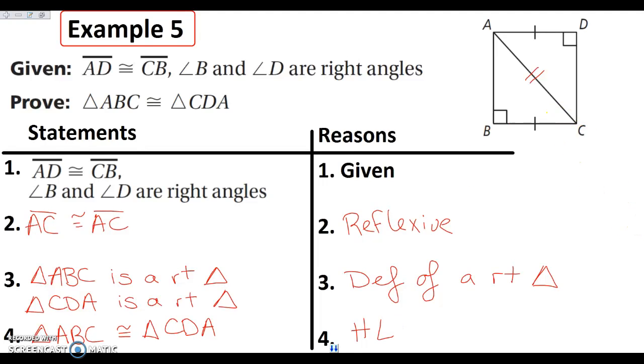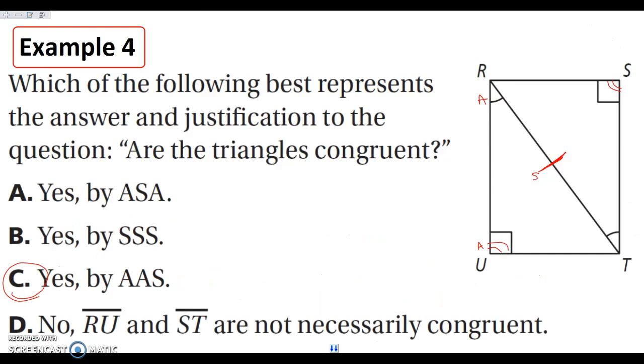Like when we went back here, okay, I have a triangle, and I have my hypotenuse congruent, but I don't have another pair of legs congruent, so I can't use HL with this problem, even though it's a right triangle. Okay, but if I see a right angle, that's what I want to look for first to see if HL works, because it's the only one that doesn't really go by the letters like everything else does.